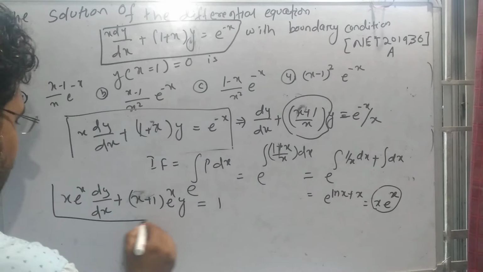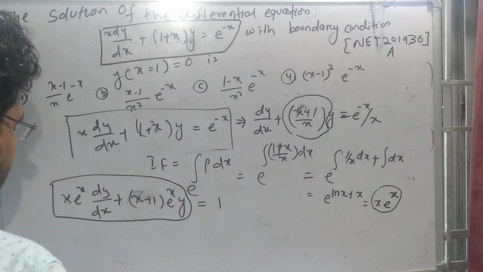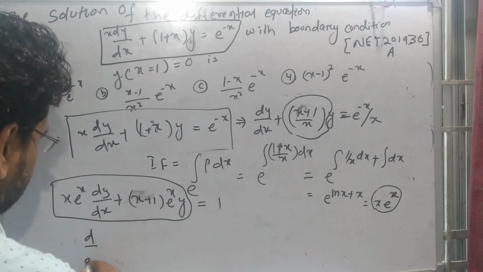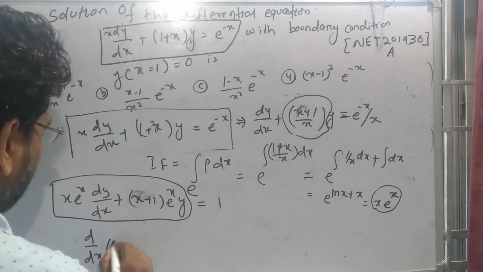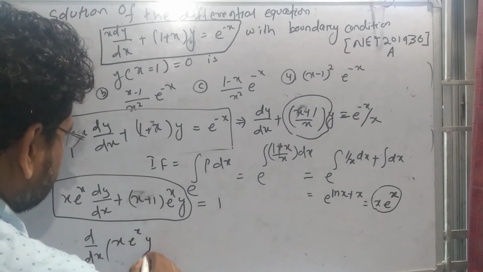Now I can write the left part as a total derivative, d/dx of x e to the power x times y.